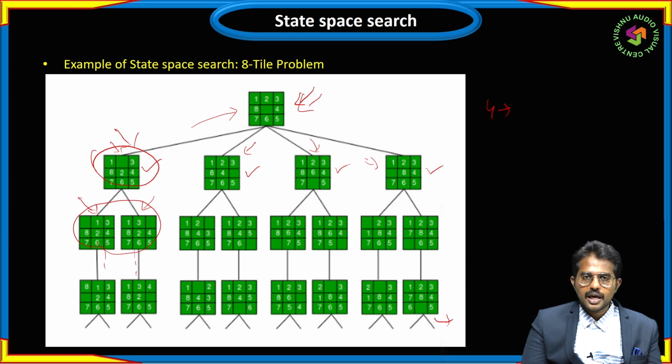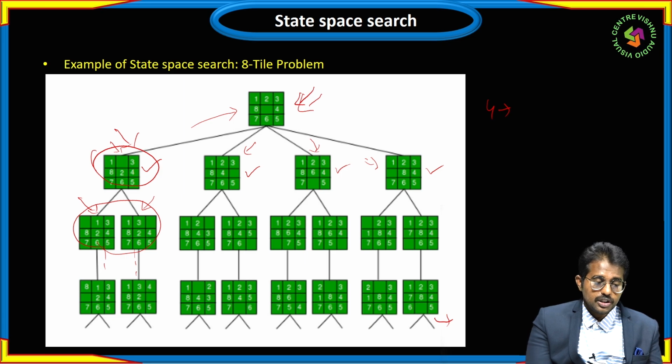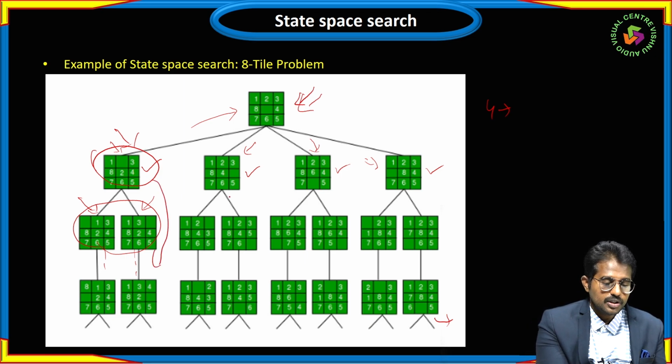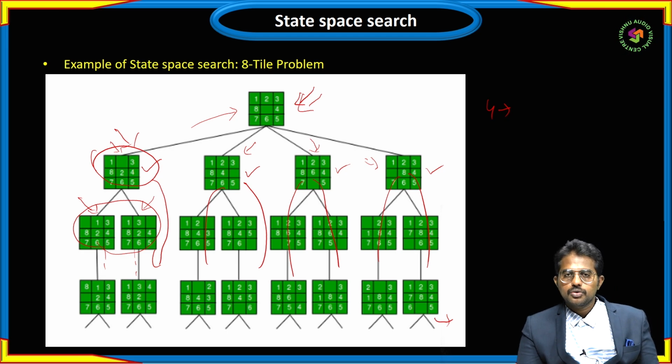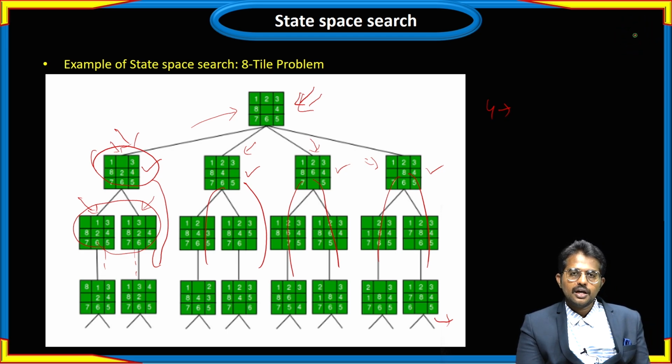So if time is not an issue, we will go for state space search algorithms. Like this we can have multiple possible ways of achieving the goal state.